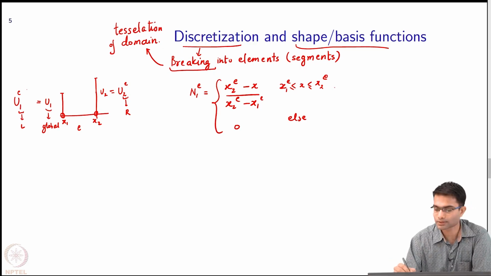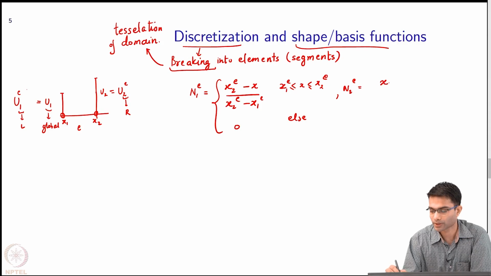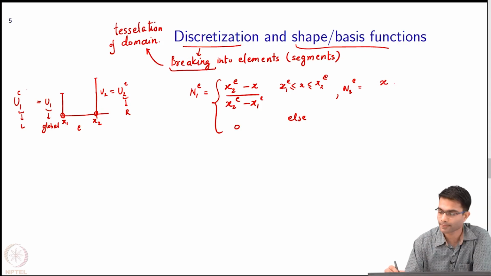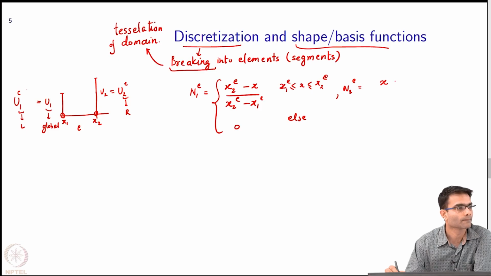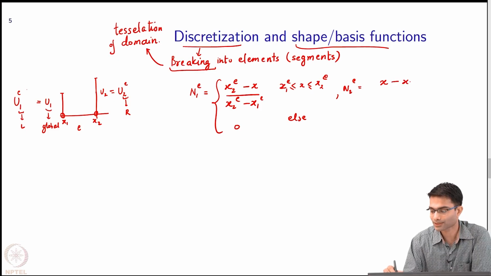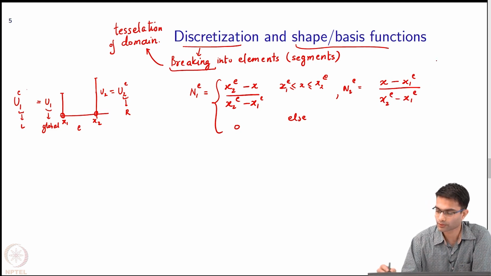We have already seen this, and similarly N2E is going to be given by a similar expression. So what will N2E be? x minus x1E, over the same denominator, right, for the same interval.